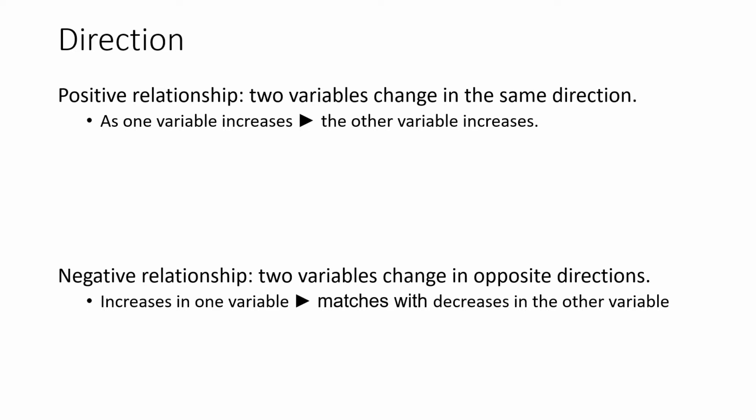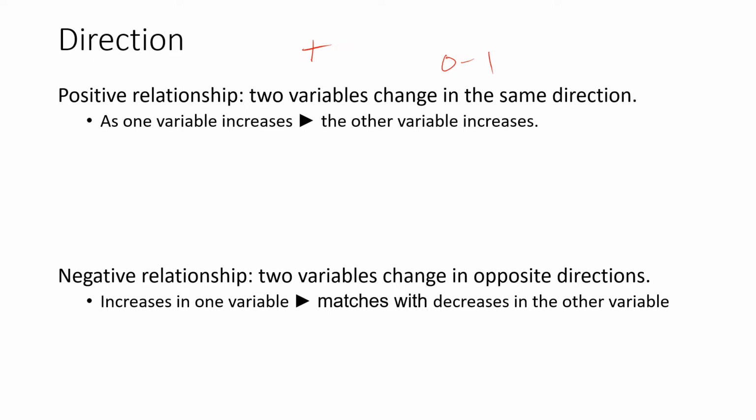The first of those is direction, and direction, you can have it as positive or negative. So if it's a positive number, a number between 0 and 1, then as one variable increases, the other variable also increases, or as one variable decreases, the other variable also decreases.